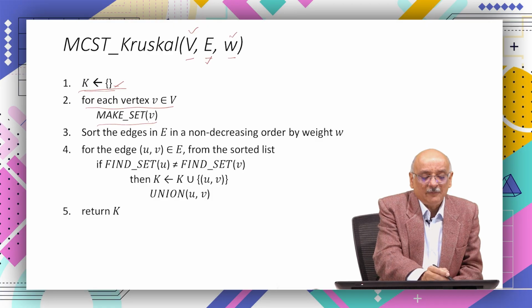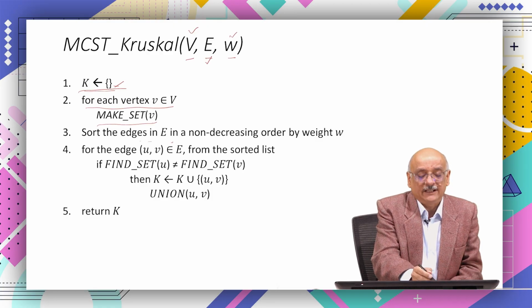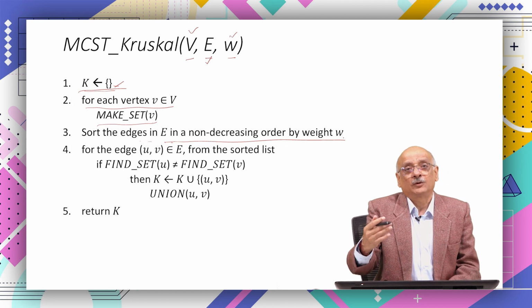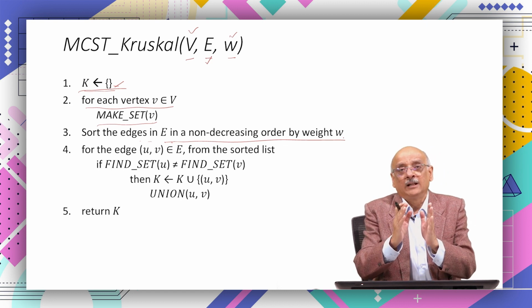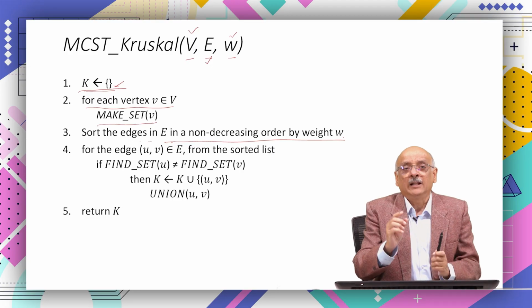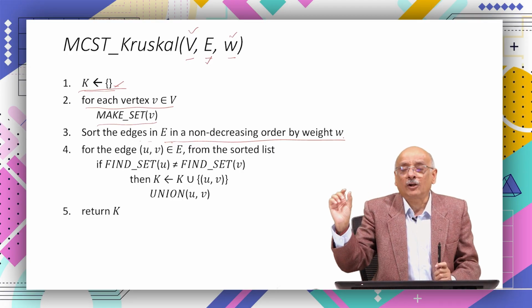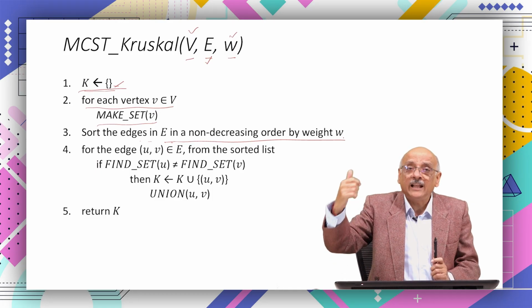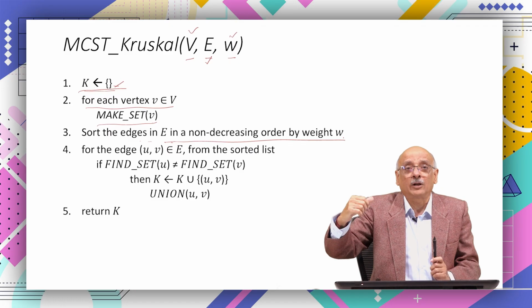Alright. Then we will be sorting the edges E in a non-decreasing order by weight. So, what have we done? We have done 2 things. Number 1, we have created a set of vertices, right? And how many sets have we created? As many as there are number of vertices.